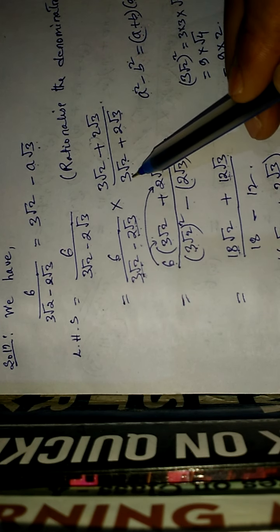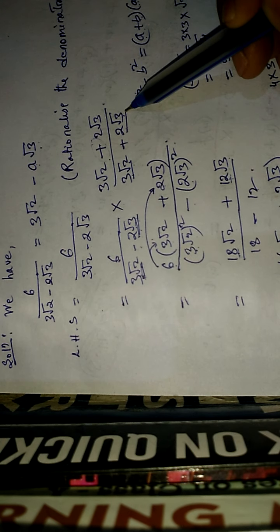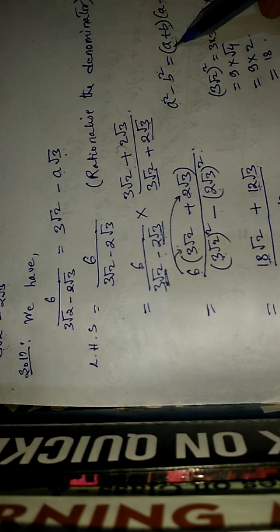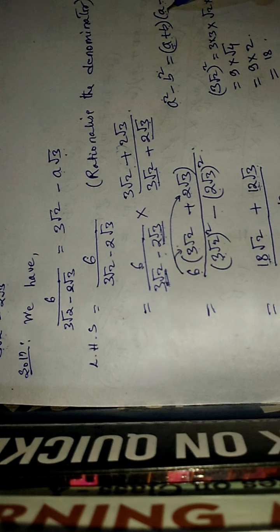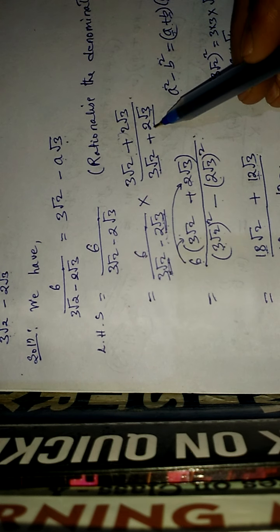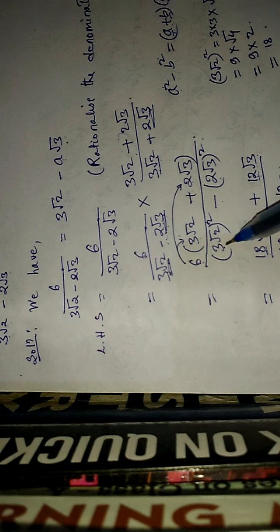Okay, that means this is the expanded form of a square minus b square, that is, a plus b times a minus b. One of the b's is negative and one is positive. So put it back to its short form: 3 root 2 square minus 2 root 3 square.